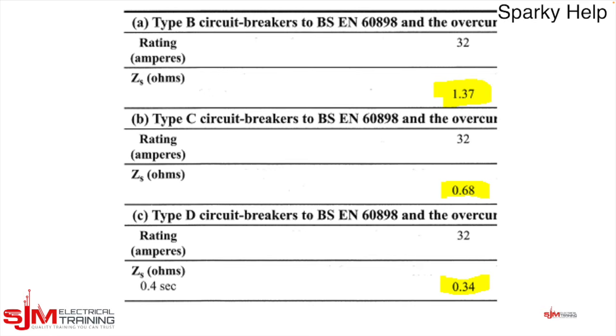And therefore, as the Ze is already above 0.68, it would not disconnect. It might take 30 minutes, 20 minutes, at which point the next thing to go off might be the smoke detectors. So always be very careful for people who say I've changed the type to resolve nuisance tripping, because it's not the solution you should be looking for. And if you do that, make sure it still meets disconnection times by checking the Zs of the circuit.